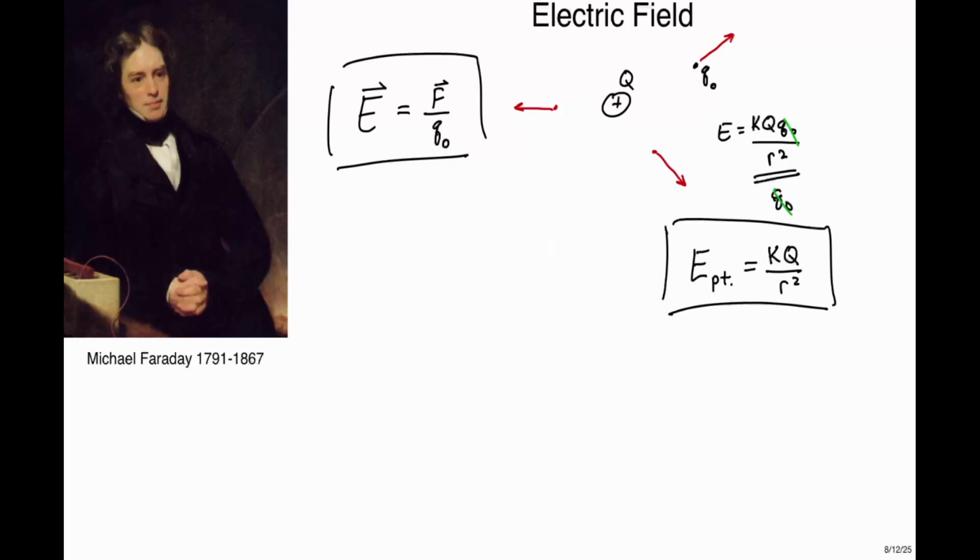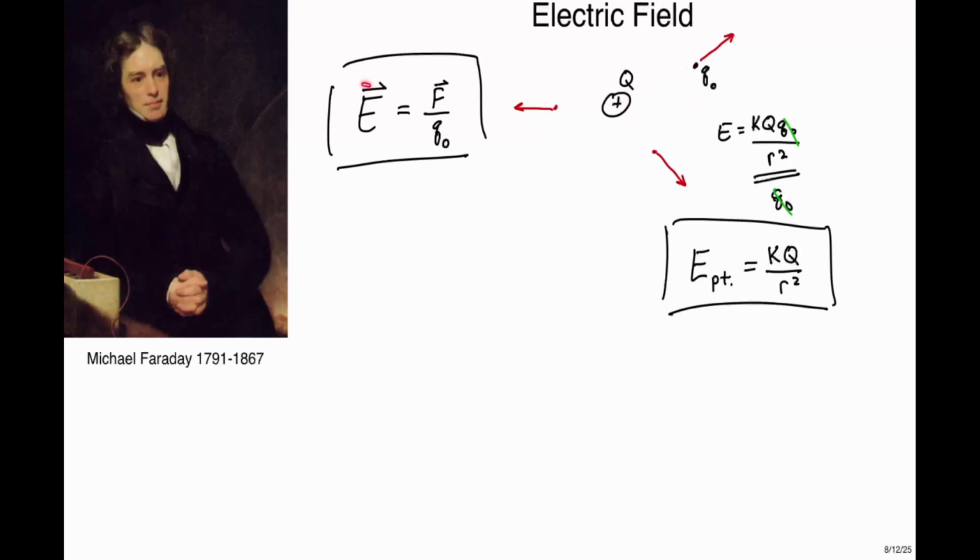Now, of course, could I come along and say, okay, I want to know the force on this test charge? Yeah, I could do that. We go back and do Coulomb's law and like break our brains. Or we could find the electric field at this point in space.